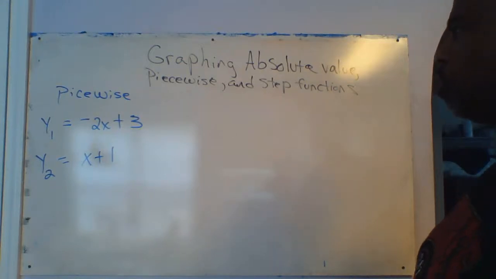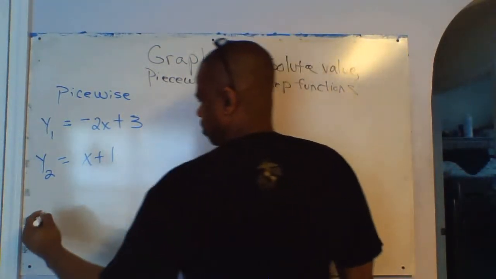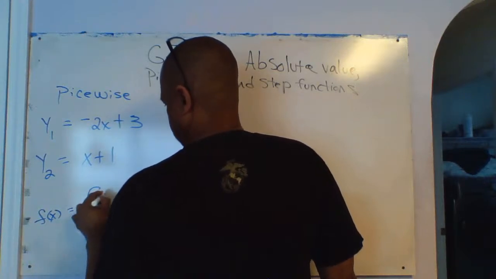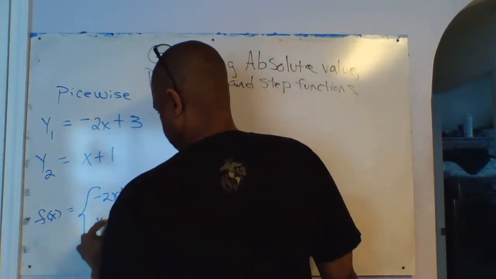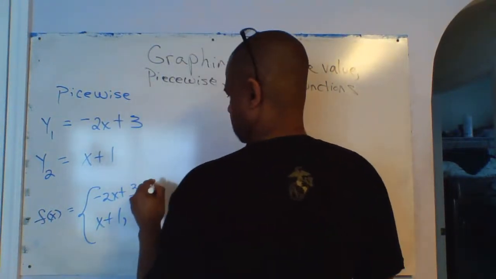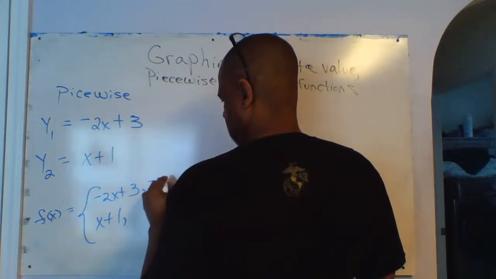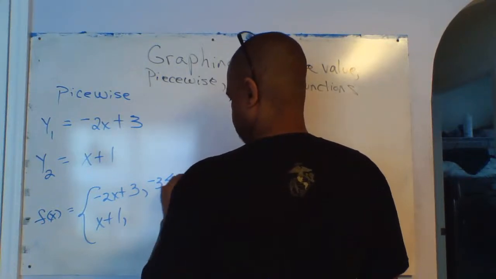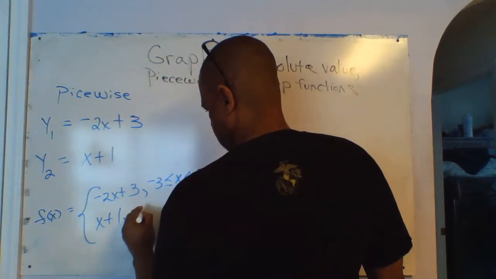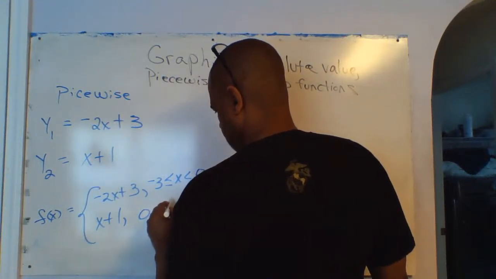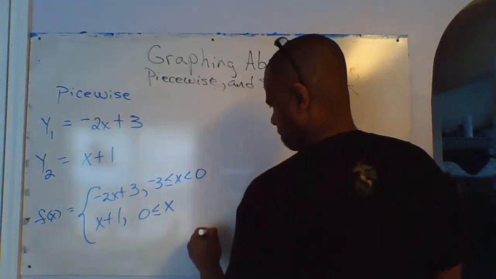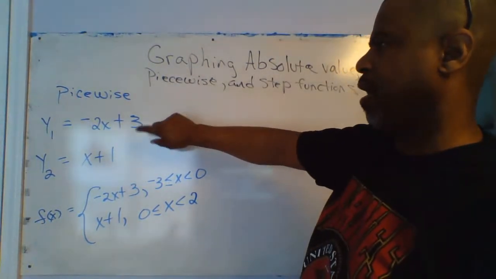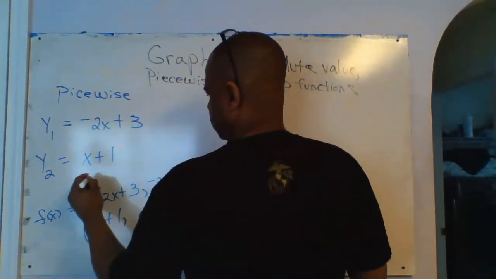Now, we're going to graph this. All right, so these are the two functions, y1 and y2, but then this is going to be our piecewise function.